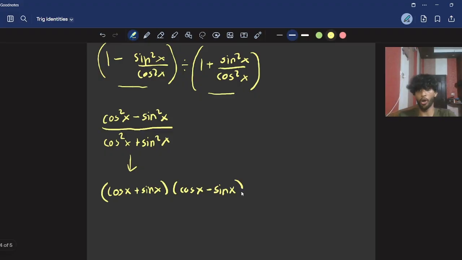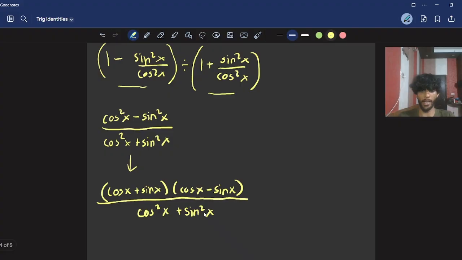And I'm hoping that this has a meaningful result. Does it? No, it actually doesn't. As of now, it doesn't. Cosine squared x plus sine squared x. Okay, what do I do from here? Can I figure something out? I think I can figure something out.